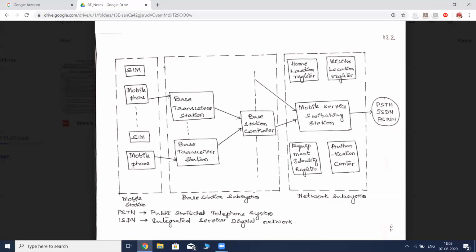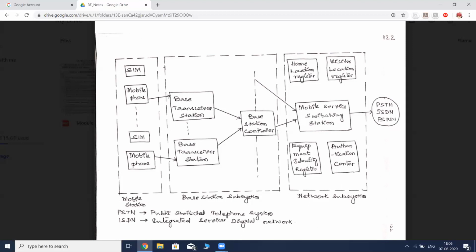This middle unit is called the base station subsystem. It acts as a bridge between the mobile station, which is the handheld mobile unit you have in your hand, and the network subsystem.